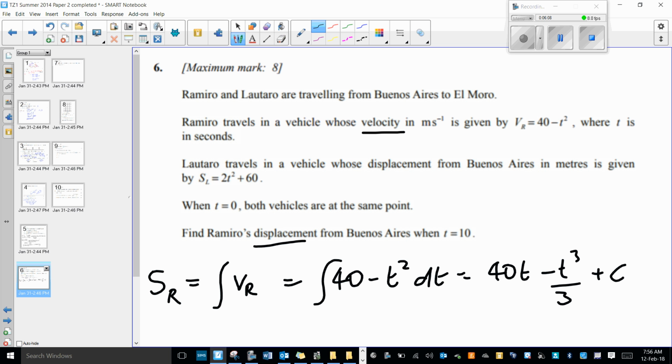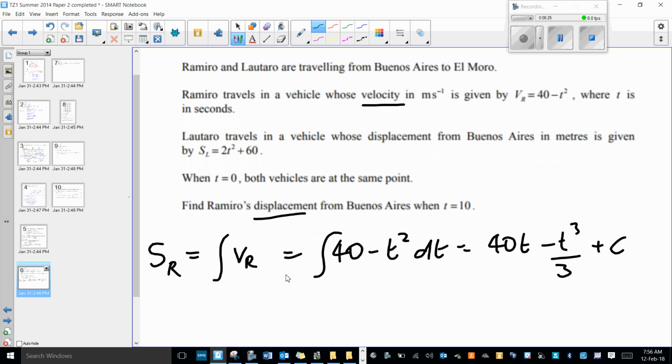Right, so we now need to find c. When t equals 0, both are at the same point, so we need to find Lorito's position. S of L equals 2t squared plus 6t. When t equals 0, S of L equals 2 times 0 squared plus 6 times 0, which equals 0.